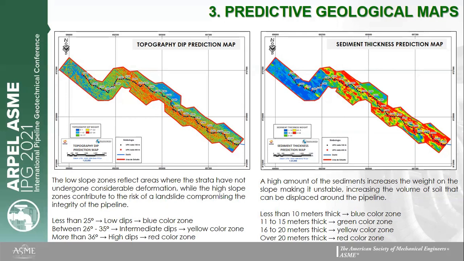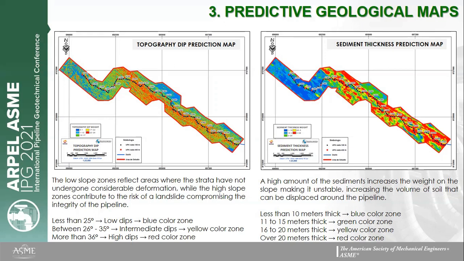And the last map is the sediment thickness prediction map. If we have less than 10 meters thick of sediments, they are going to be identified by the blue color zones. If we have between 11 to 15 meters thick of sediments, they are going to be identified in the green color zone. If we have between 16 to 20 meters thick, they are going to be located into the yellow color zones.